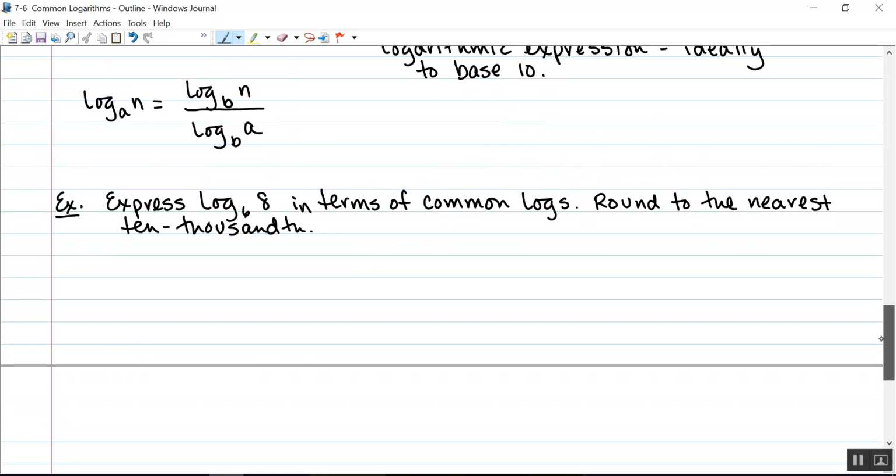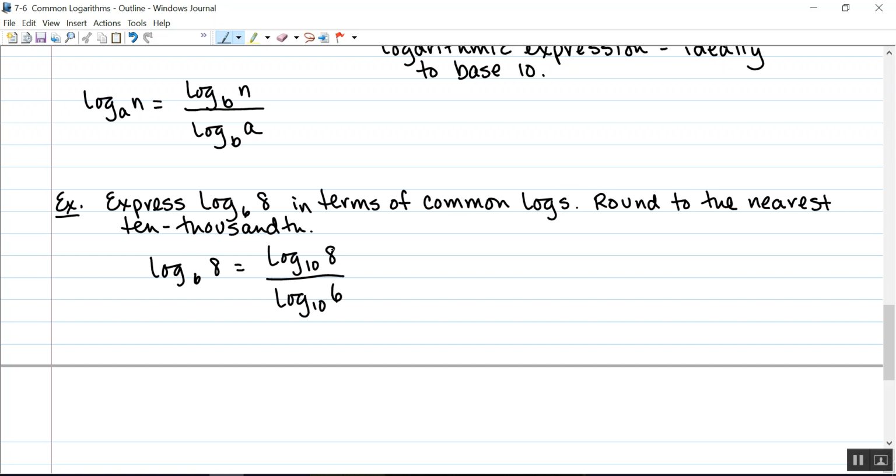So here's an example. Let me give myself a little bit of room here. Express log base 6 of 8 in terms of common logs, and then round it to the nearest 10,000th. So log base 6 of 8 is equal to log base 10 of 8 over log base 10 of 6.